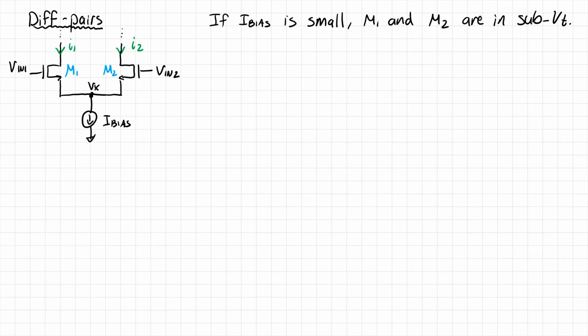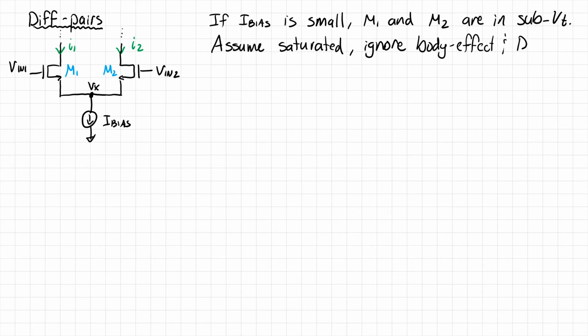So let's assume that they're in subthreshold and assume they're saturated. Let's ignore the body effect, which does come into play here, but we'll ignore it for now. And we'll also ignore DIBL.